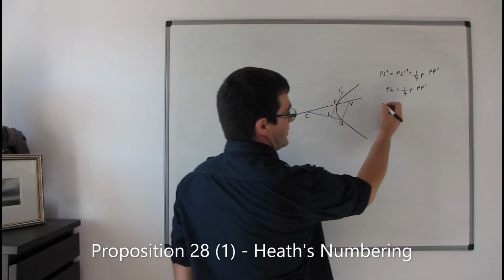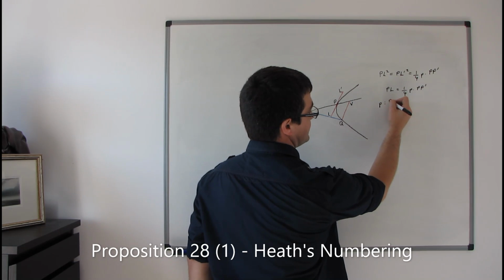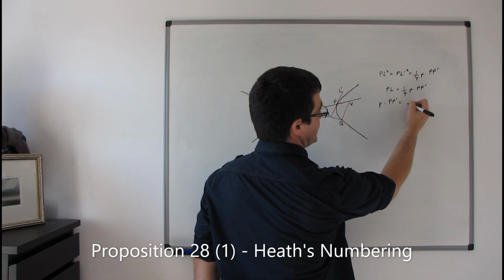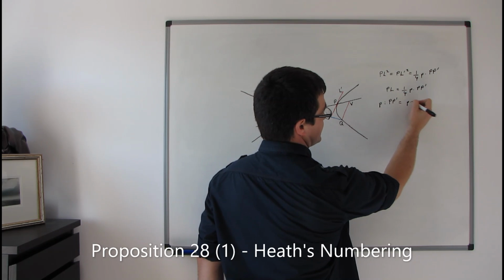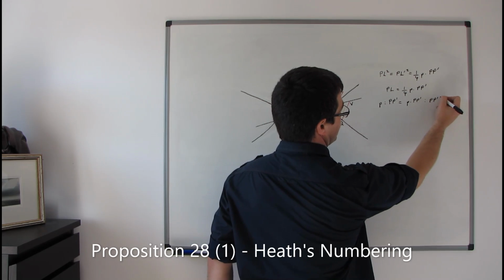So we have PL squared equal to a quarter of p times PP'. We also know that the ratio of p to PP' is equal to p times PP' to PP' squared.